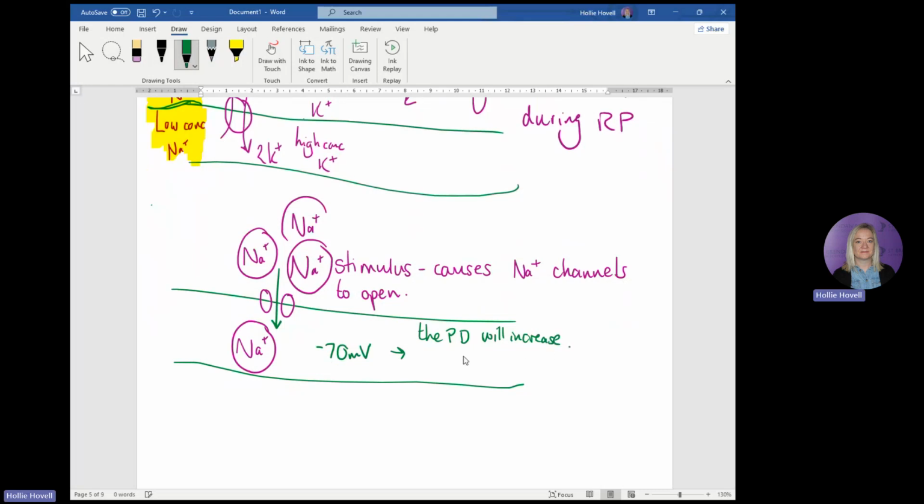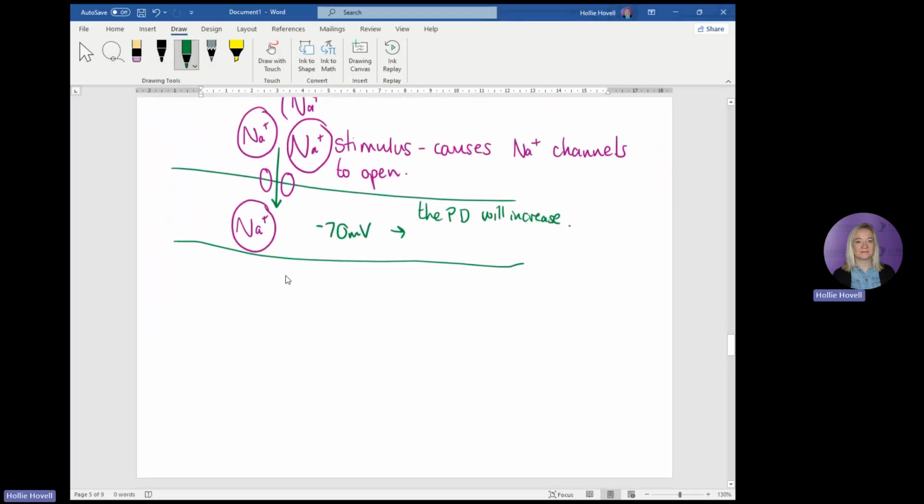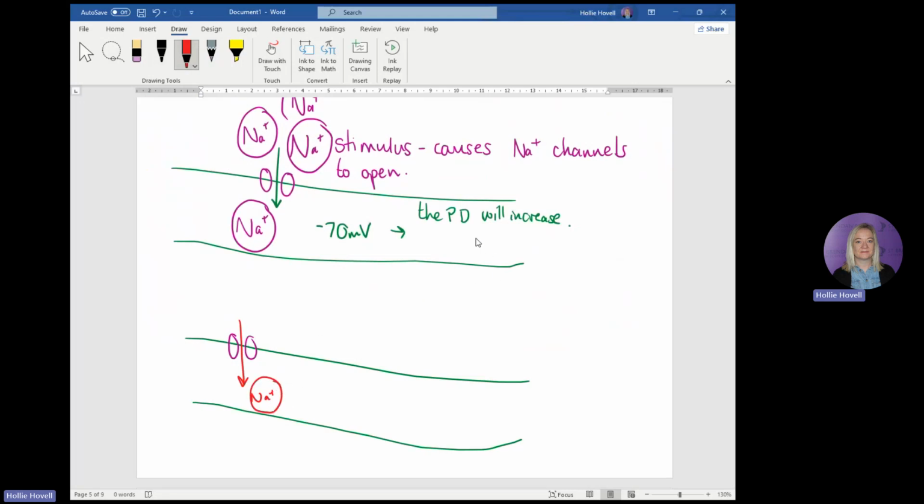Now, you've got some more sodium ion channels in this membrane, which are something called voltage-gated sodium channels. So whilst this sodium channel here is open and sodium ions are rushing in, we're gradually increasing the voltage. Voltage is another word for potential difference.